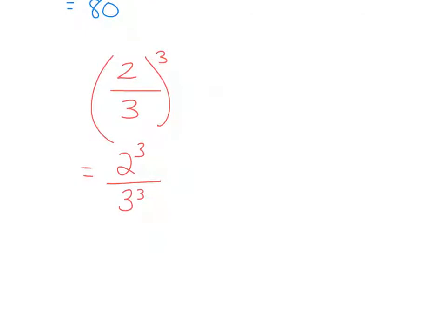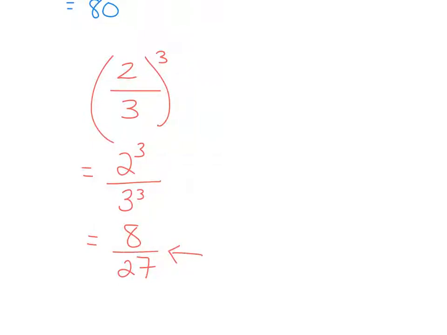And then we just evaluate the numerator and denominator separately. So 2 to the power of 3 is 2 times 2 times 2, so that just means 8. And then the denominator, 3 to the power of 3, would be 27. 3 times 3 times 3. So 8 over 27 is what you get.